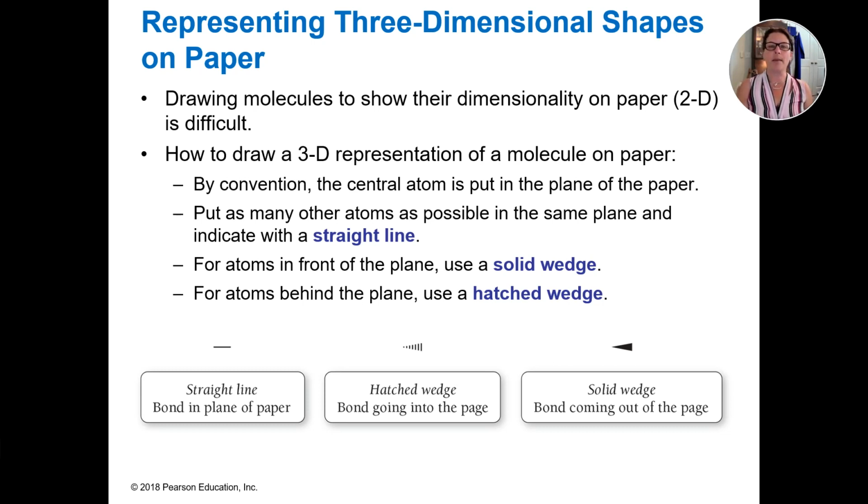So in order to accommodate that, we use a straight line, dashed, and solid wedges. So the straight lines are meant to be in plane, like literally, X and Y coordinates. Where the dashes and wedges, this is meant to represent or be on that Z plane.